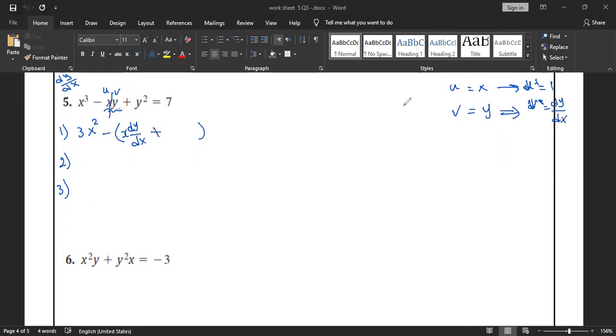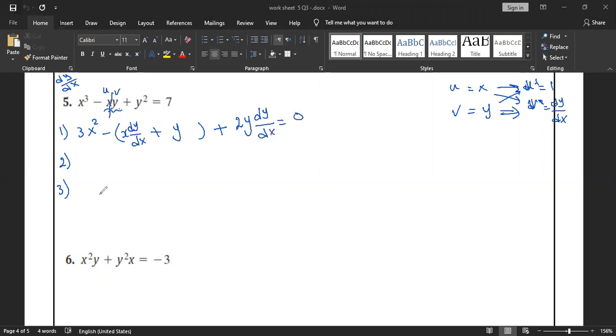Okay, plus, as you know, the cross product. But some of you can apply the rule directly without writing u and v, but no problem, to avoid any careless mistake. 1 multiply y, it will be y. Clear? Plus, what is the derivative of here? Disagree, it will be 2y, general power, multiply y prime, which is dy by dx.